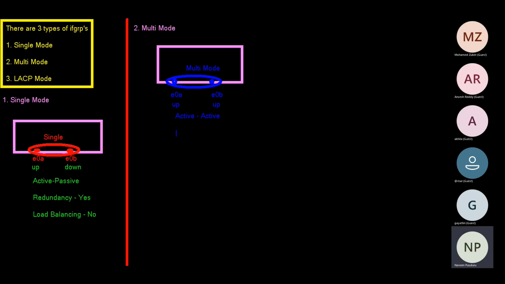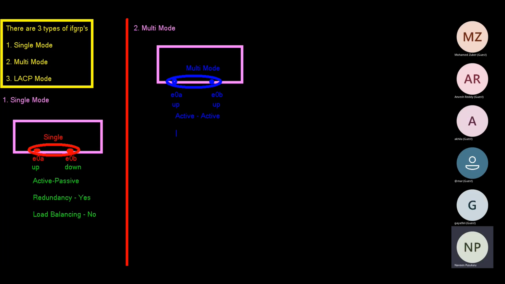That means the data processing and data requests, everything will happen through both the ports. All the time, both the ports are up and running. And one more thing, guys, it doesn't mean that we can add only two ports. You can create an if group with more than two ports also. For example, you can configure a group with 4 ports, 5 ports. It's up to you.